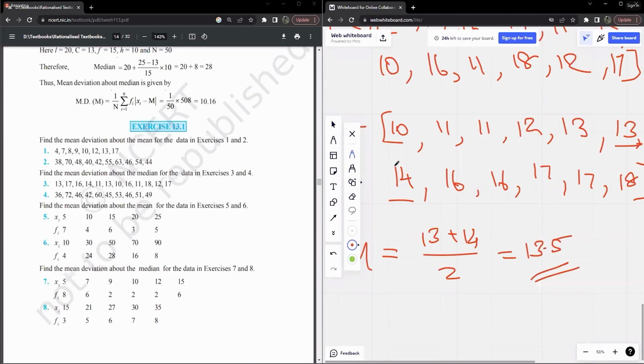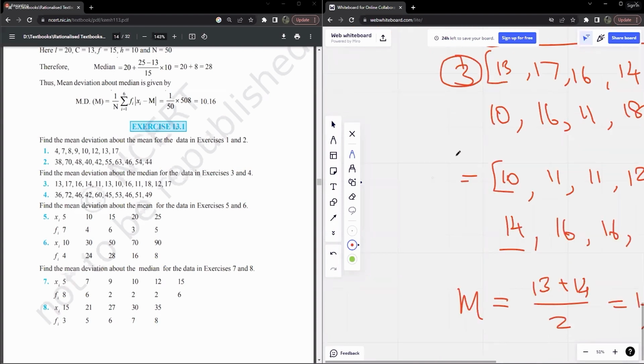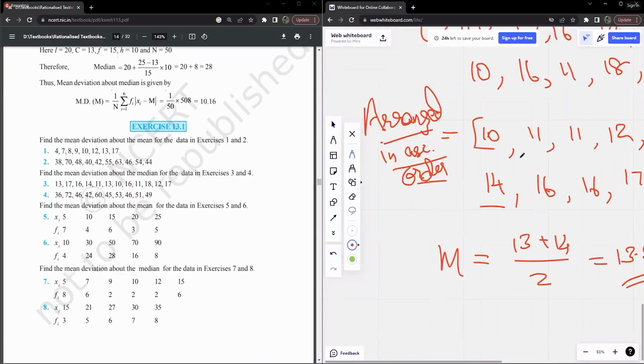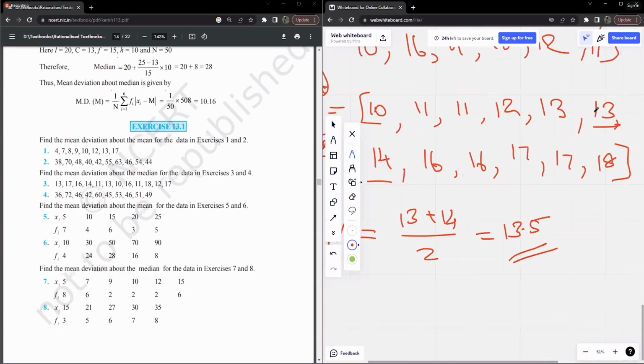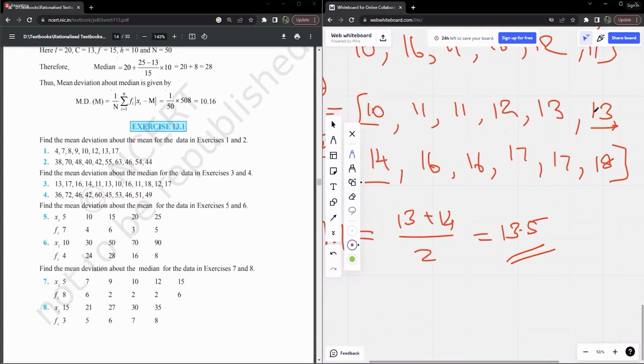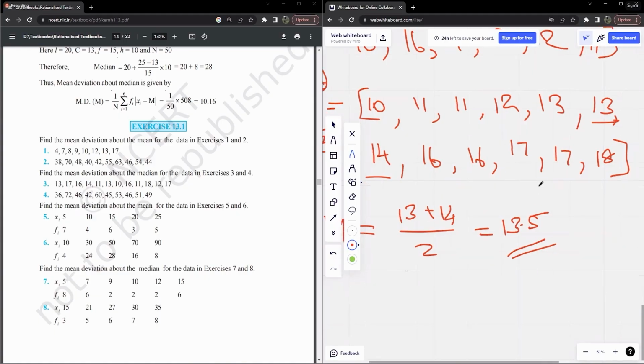What I've basically done is arrange this in ascending order. There is no big change between this data set and this data set. The median then becomes trivially easier to find. You just have to find the two central numbers, take the mean, and then you get the median. That's 13.5.